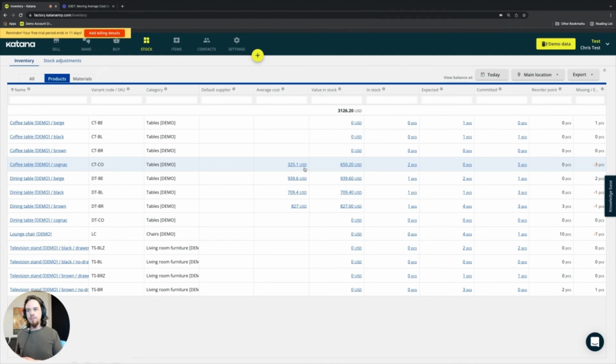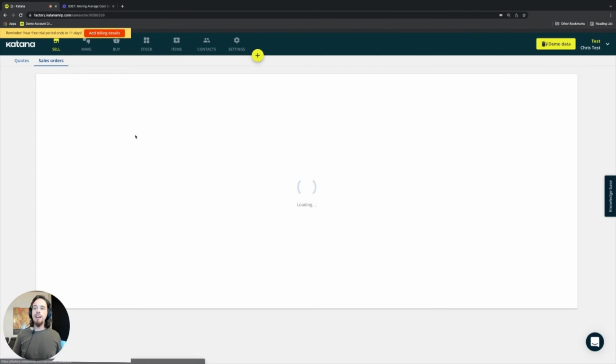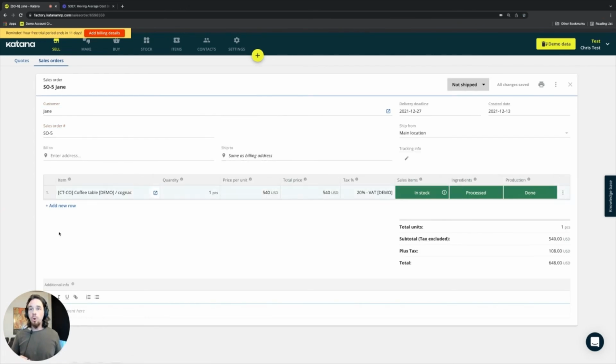Now, what happens at this point is when those manufacturing orders are done and we head to the sales order page, we can see that Jane, for example, ordered a coffee table in cognac color.